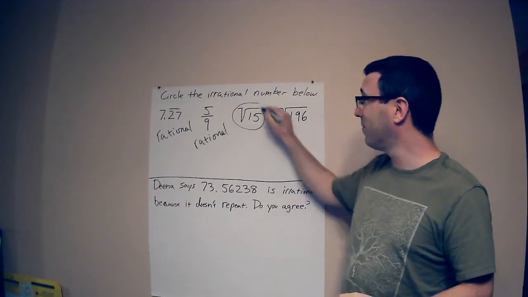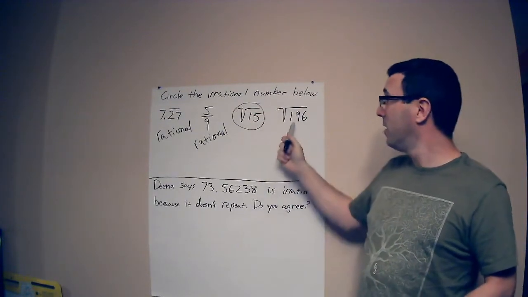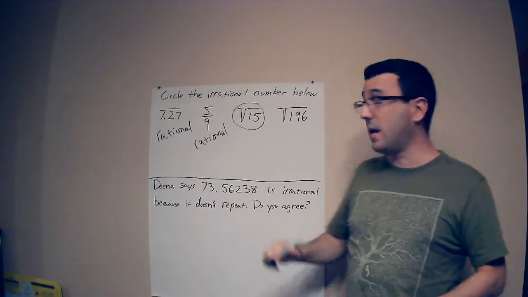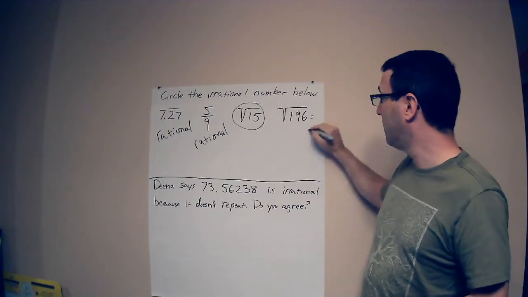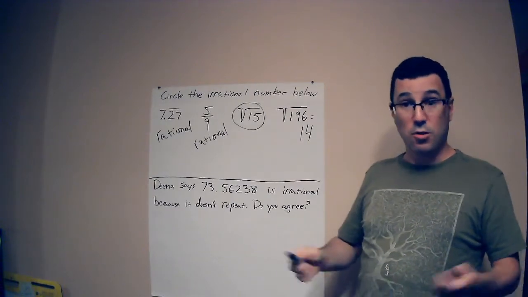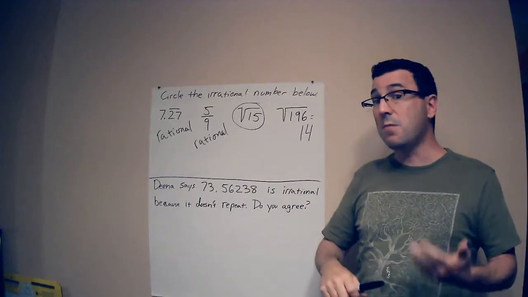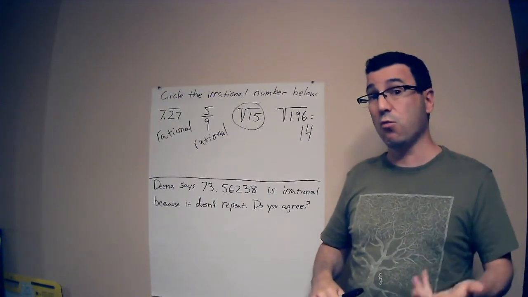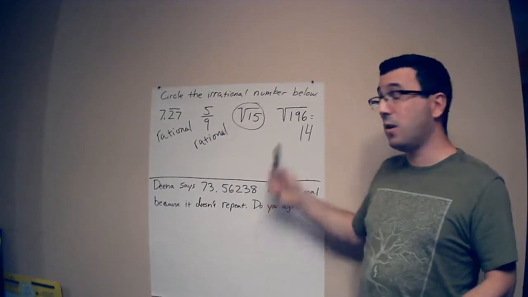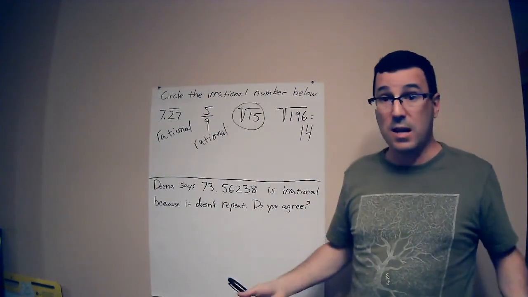So that's my irrational number. This last number, square root of 196, that's 14. So just because I have a square root symbol there doesn't automatically make the number irrational. Because if I can take the square root, then it's not irrational.